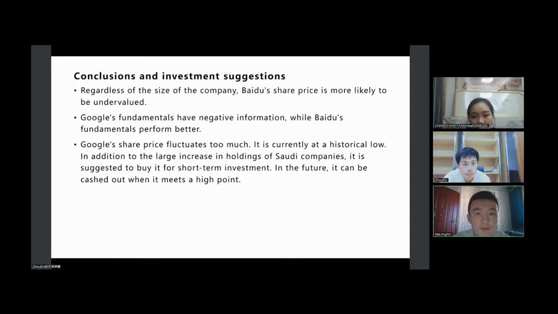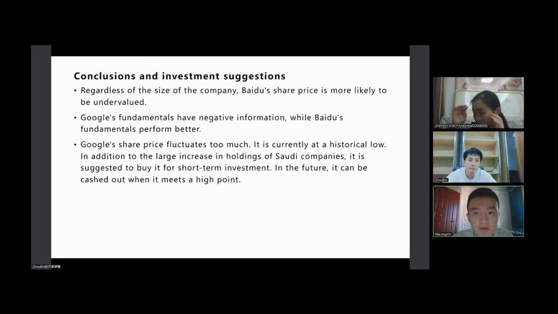Conclusions and investment suggestions. Regardless of the size of the company, Baidu's share price is more likely to be undervalued. Google's fundamentals have negative information, while Baidu's fundamentals perform better. Google's share price fluctuates too much.